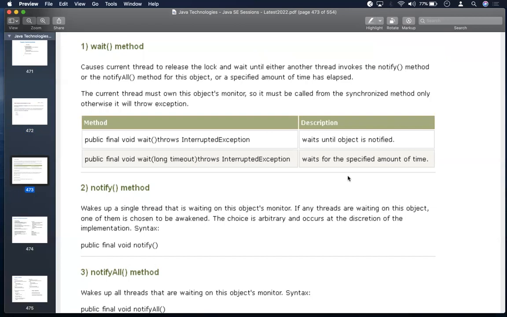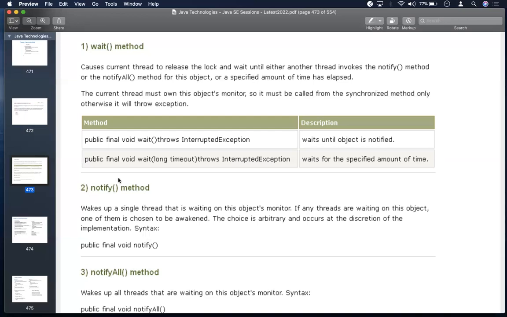Otherwise, the thread calls the wait method with some time, like wait of 1000 milliseconds or wait of 2500 milliseconds. This will wait till the time expires. Since we have different variants, indefinite means till it gets notified, and wait with a specific time means till the time expires.